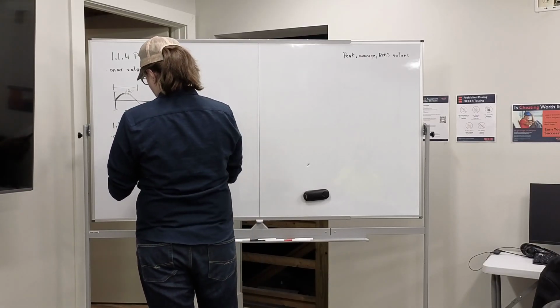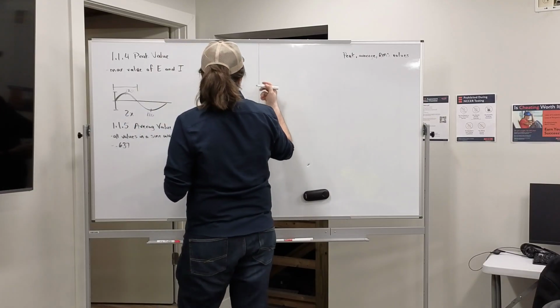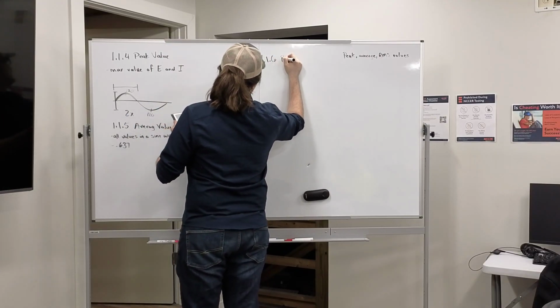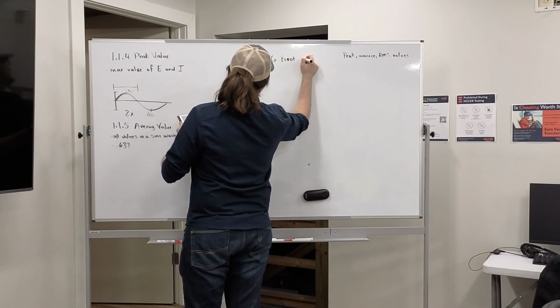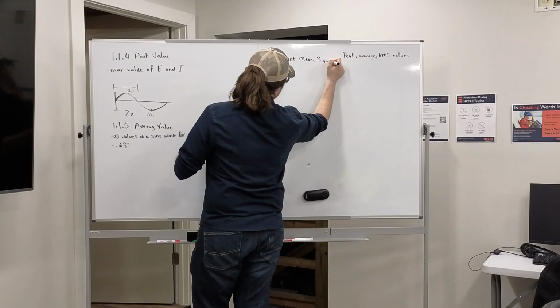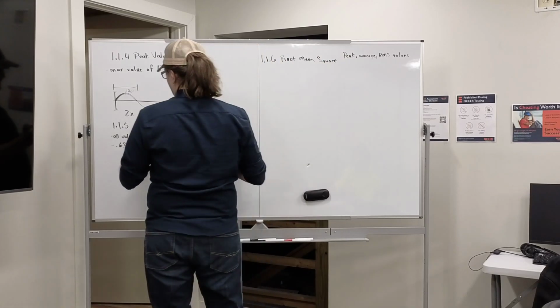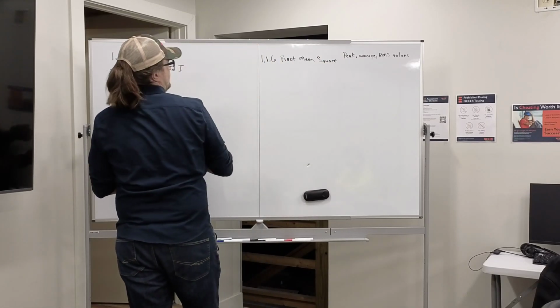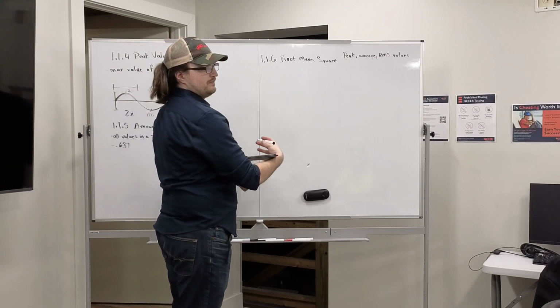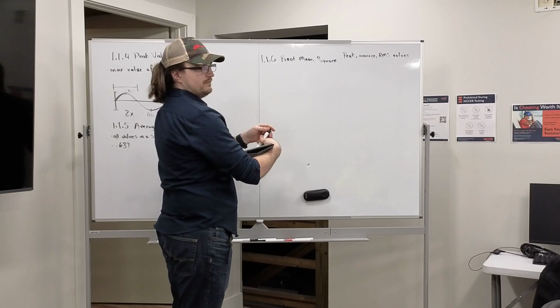I feel like I'm back at college. Root mean square. What's that also called? RMS.